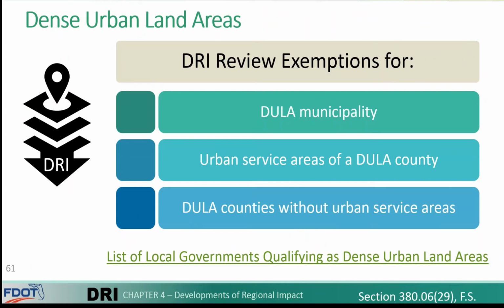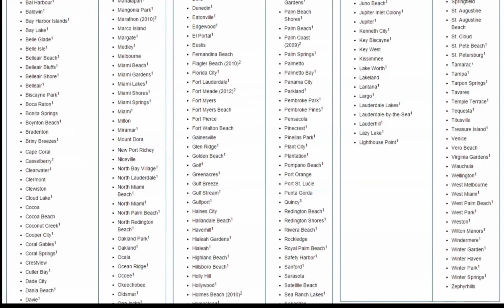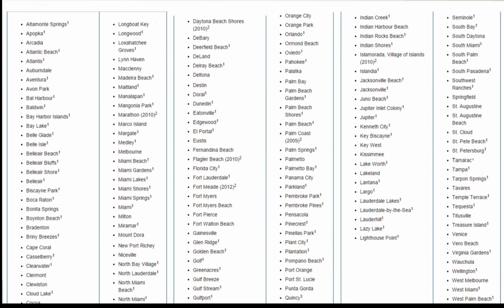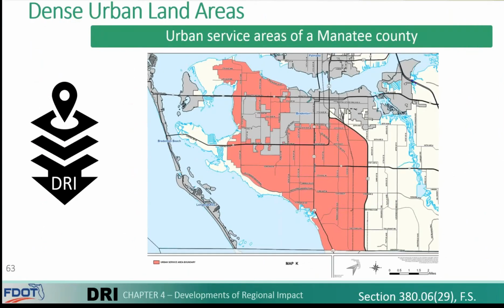Or if you have an urban service area of a DULA county, or DULA counties without urban service areas. So if you're in that urban setting, most likely you're not going to have a DRI there. This just shows a map of Manatee County showing the urban service area there.